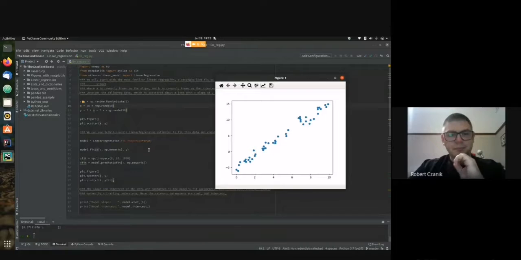Now we're going to use scikit-learn to fit a linear model through our data set. So we've got x and y. X is this random set of 50 points with values between 0 and 10. And y is the value set between minus 5, a little below minus 5 because of that randomized value that we add at the end, and it goes all the way up to 15.